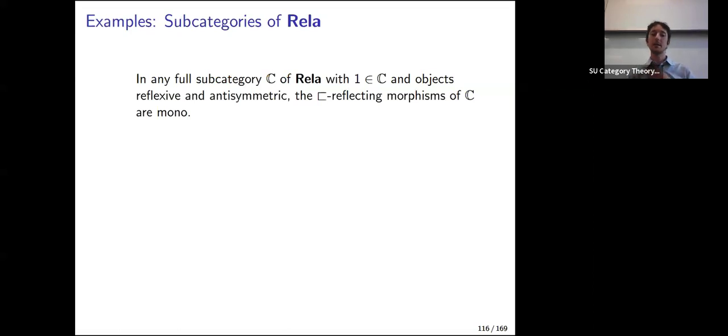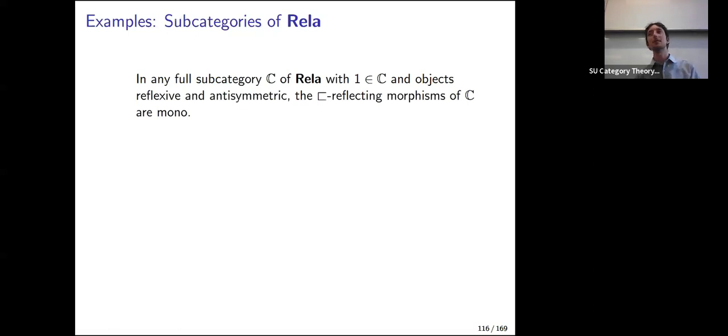Okay, cool. So it turns out that any full subcategory of Rela with the one-point set, where objects are reflexive and antisymmetric, then the C-reflecting morphisms are mono. So it's not that they are exactly the monomorphisms.